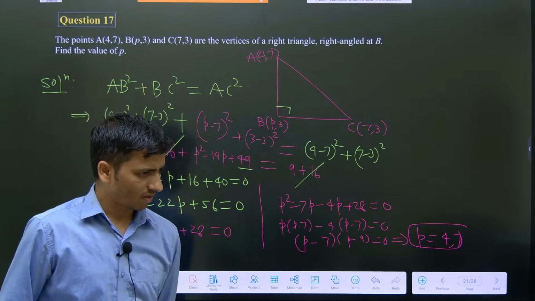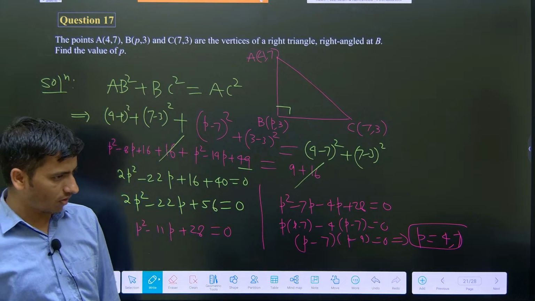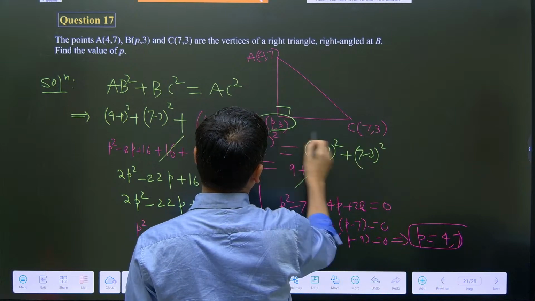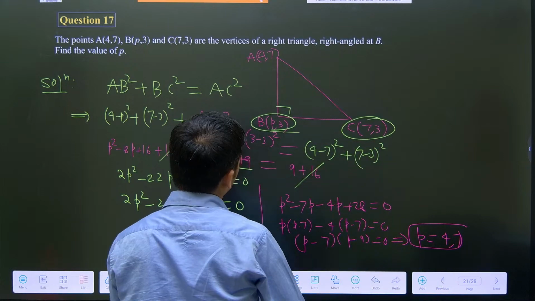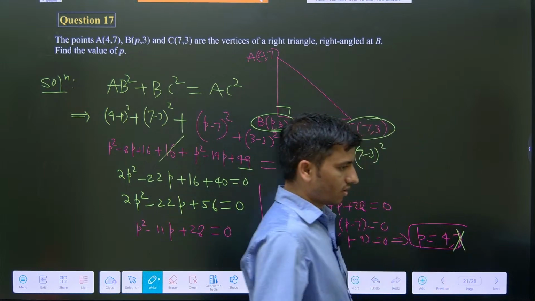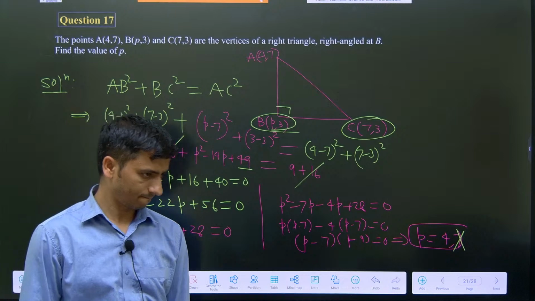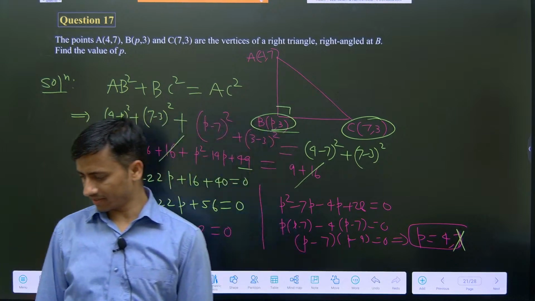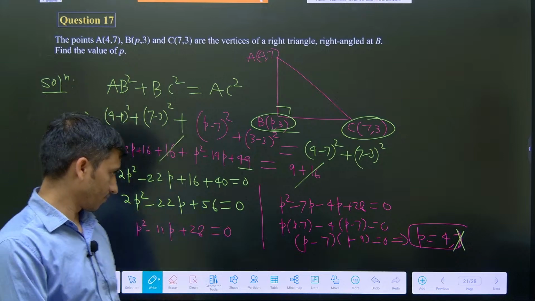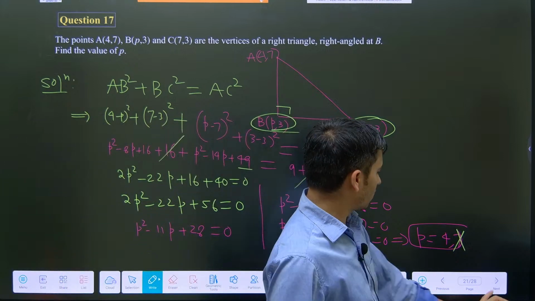If P is 7, then there is a problem, right, guys? Yeah, because in that case these 2 points coincide. So it should not be 7, I should reject. Please consider these points, you should observe. Only solution is P equal to 4.